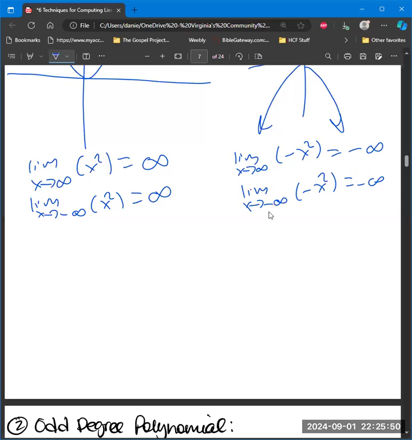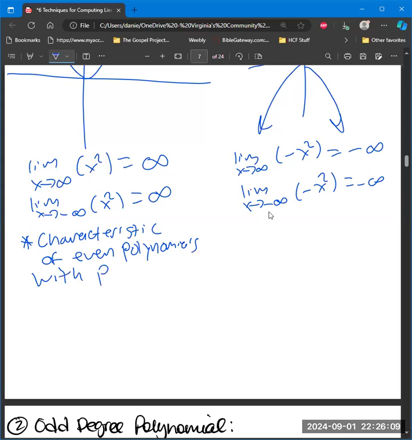So this is the characteristic of even polynomials with positive leading coefficients.